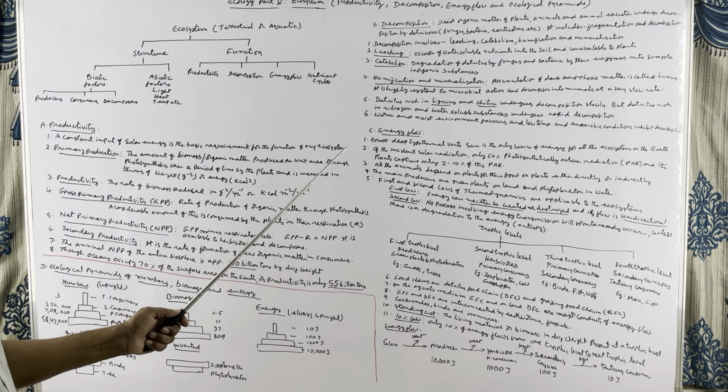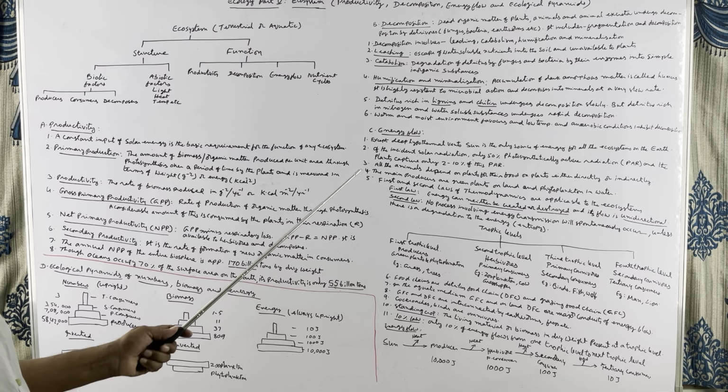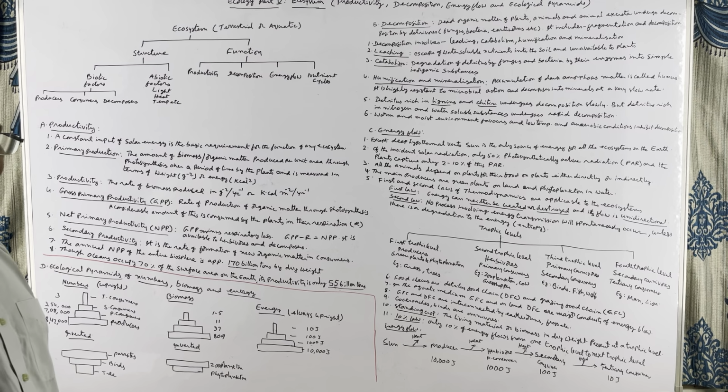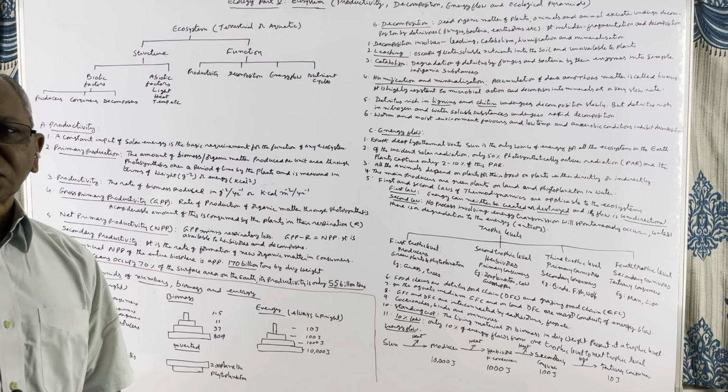Then coming to the energy flow. As I have told you, all the green plants obtain their energy from the sun, or obtain energy from the radiant energy of the sun.